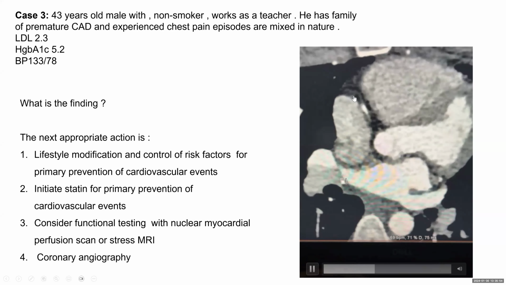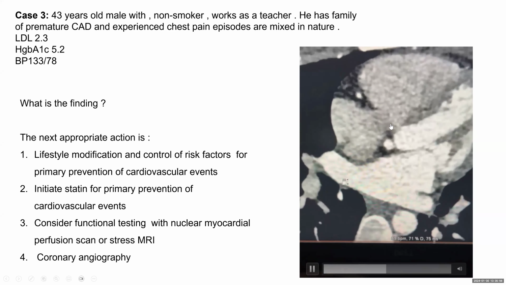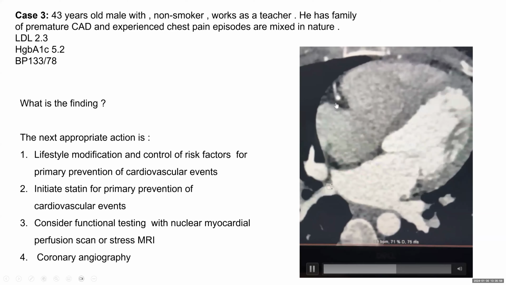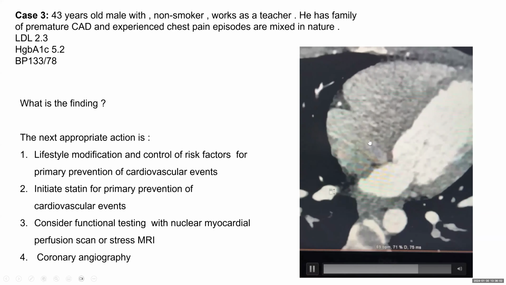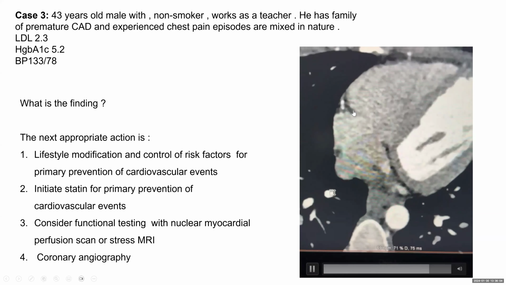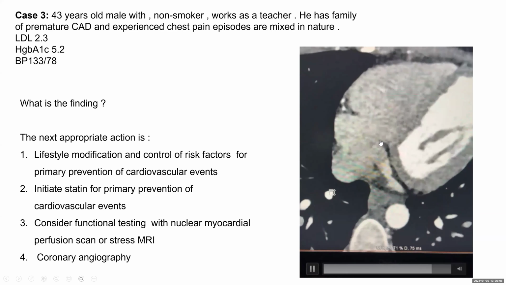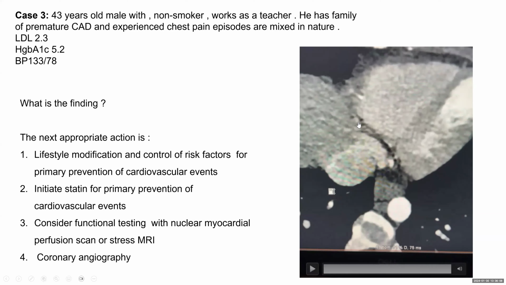You see the RCA going between the right atrium and the right ventricle, giving you the first branch and passing into the groove, and then bifurcating, giving you the PDA and the LV branch, which is clearly very dominant and very beautiful. So he has no coronary calcification, and he has no obstructive lesions. He has also no plaques.